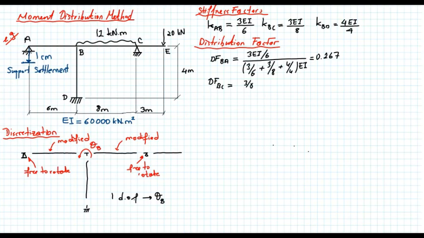Distribution factor BC is equal to 3/8 EI divided by the total stiffness, which is the same, 3/8 plus 4/4 EI, and that's equal to 0.2.